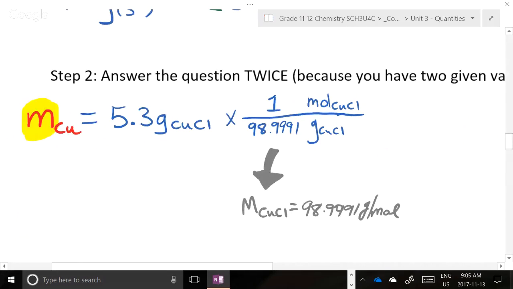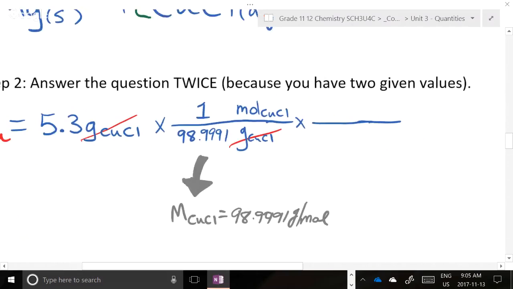Okay, if I stopped calculating now, what would I know? I'd know how many moles of copper chloride I had. Somebody tell me what my next step should be. Yes, ma'am. Moles of CuCl and moles of copper. Great, and where are those going to go? Like what's on the top, what's on the bottom? Moles of copper should be on top. Okay, I want moles of copper, and so I want moles of CuCl to cancel, so I'm going to put it down there.